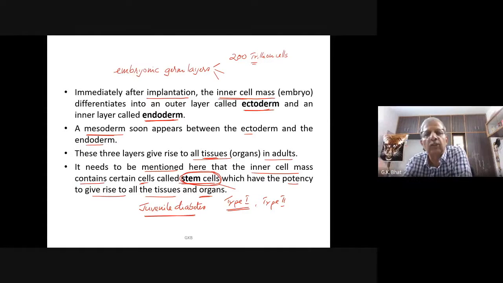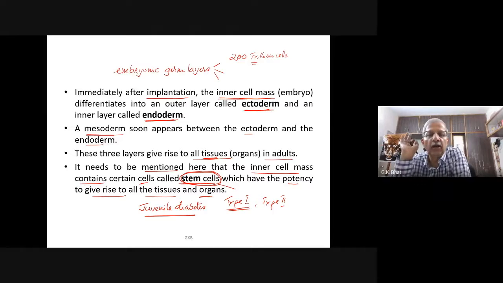If these islets of Langerhans are replaced by the stem cells of that particular individual, which are grown or cultured in the lab, they can be substituted for the islets of Langerhans which are not functioning. And the advantage is that when these stem cells of the same person, grown in the hospital, are placed inside the body, there will not be any rejection of the tissue.